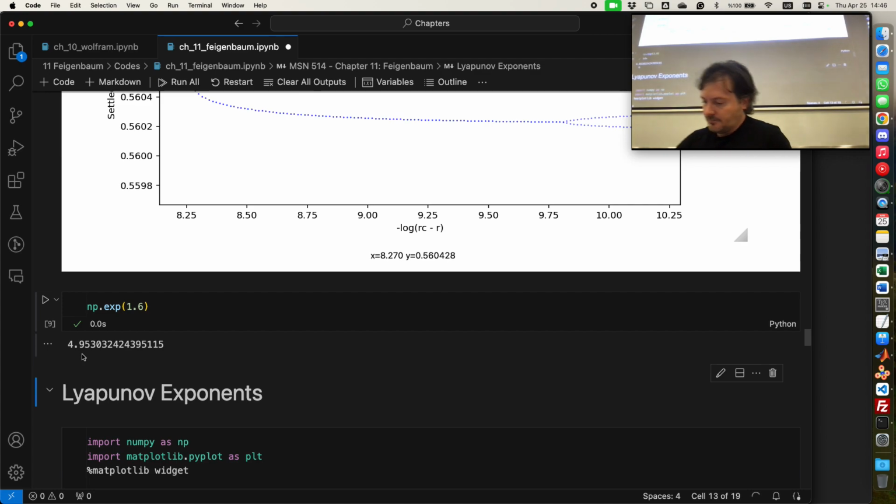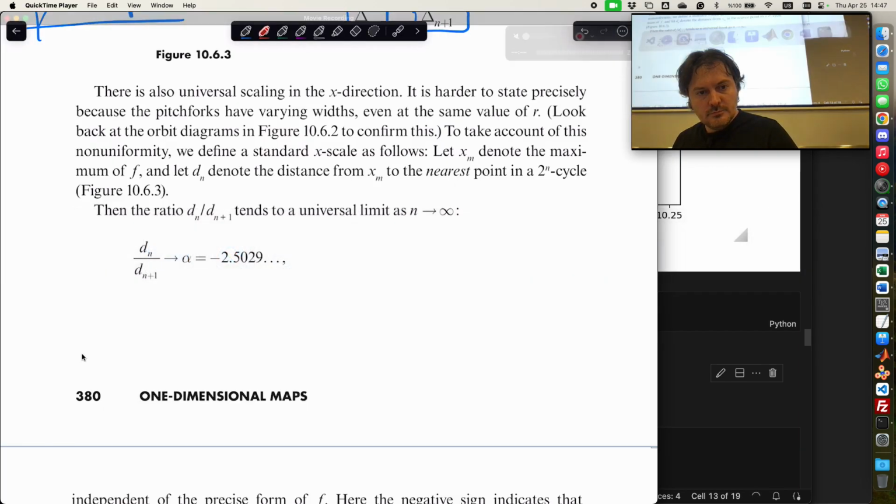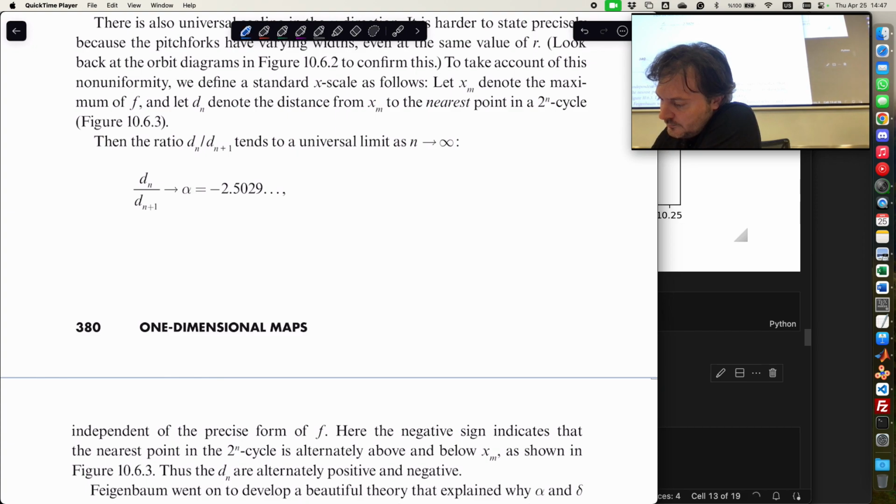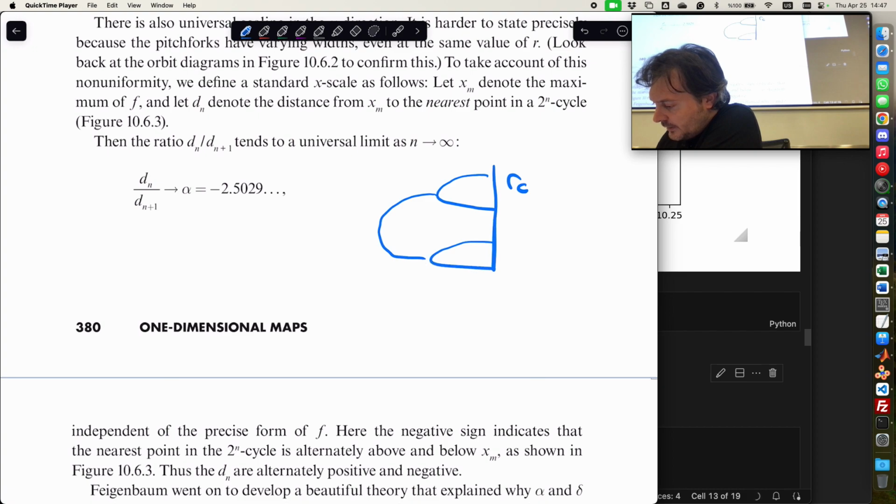Okay. Let me explain. This is RC. This is the way that we see this plot, right?